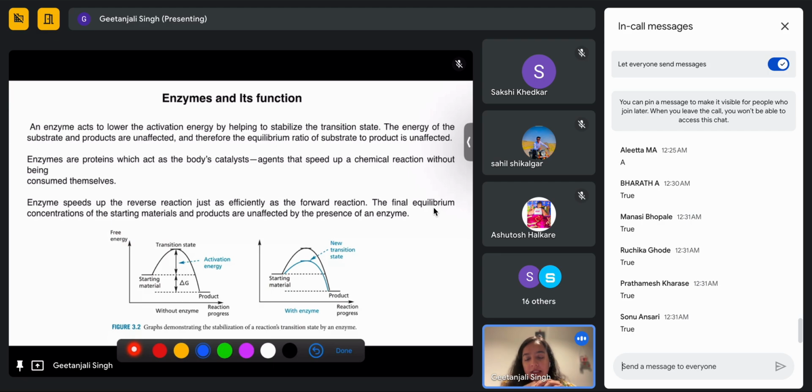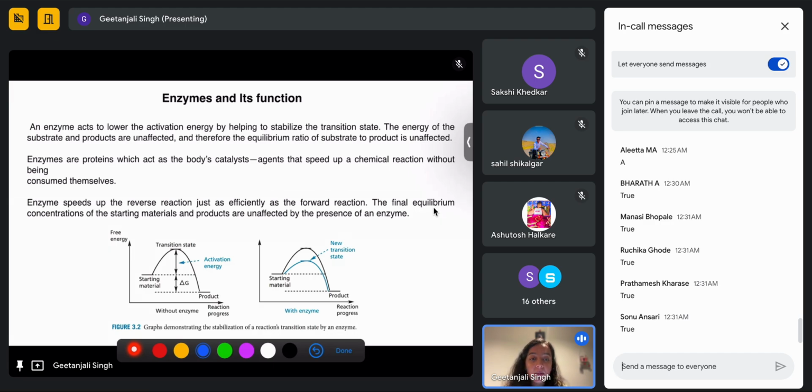So, how does an enzyme actually work? I'm just going to read a definition for the sake of clarity and clear communication. An enzyme acts to lower the activation energy by helping stabilize the transition state. The energy of the substrate and products are both unaffected, and therefore the equilibrium ratio of substrate to product is unaffected.